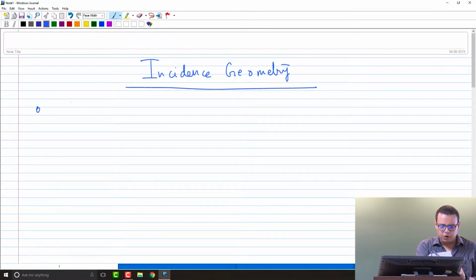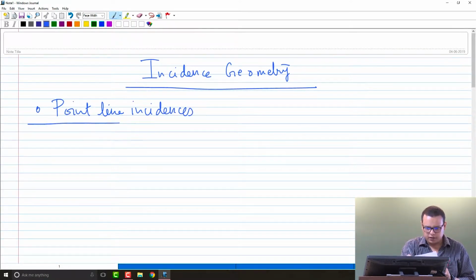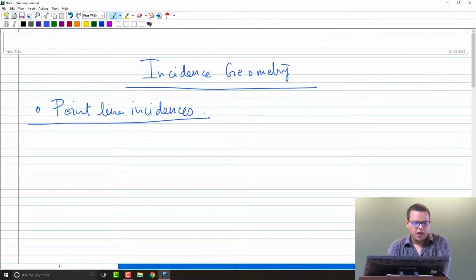One classical problem to look at is what is called point line incidences. So, what is it about? Let us say you have some collection of points in R2, the point set.